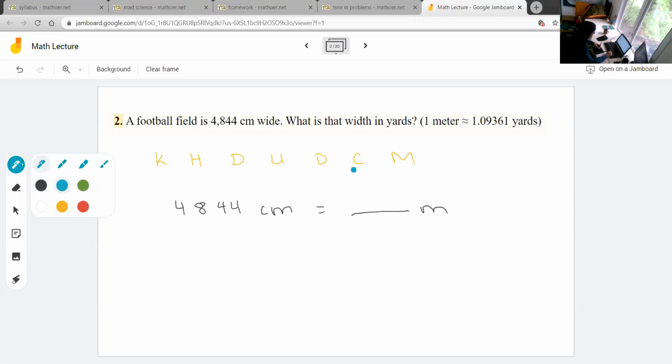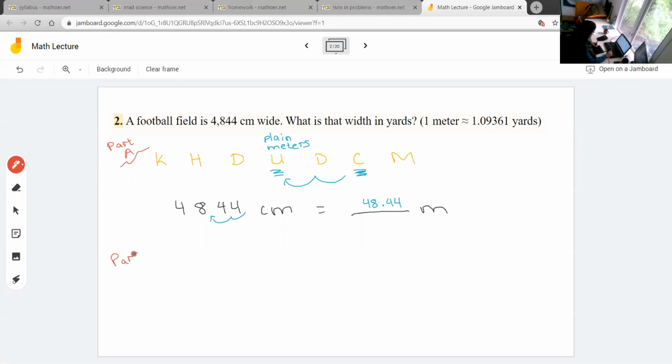So start at centi, go to plain meters, and that could just be my part 1, part A. And for part B, now that I know how many meters it is, I'll change into yards.